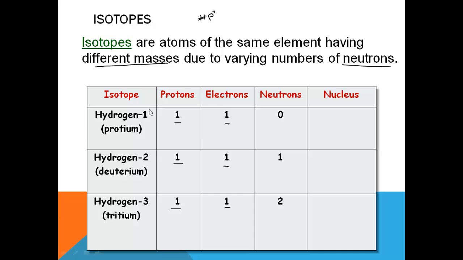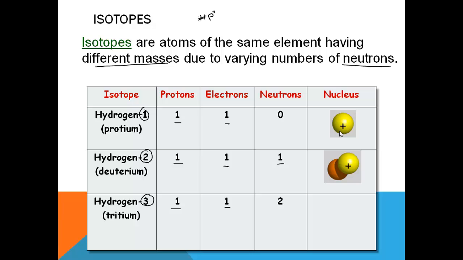But remember, this number tells us the mass of the atom, and that's the number of protons and neutrons combined. So for the isotope hydrogen-1, we have 1 proton. The mass number is 1, so we have 0 neutrons. The nucleus of a protium atom is simply a proton. In hydrogen-2, deuterium, the mass number is 2. We only have 1 proton, which means the rest of this mass has to be made up by 1 neutron.